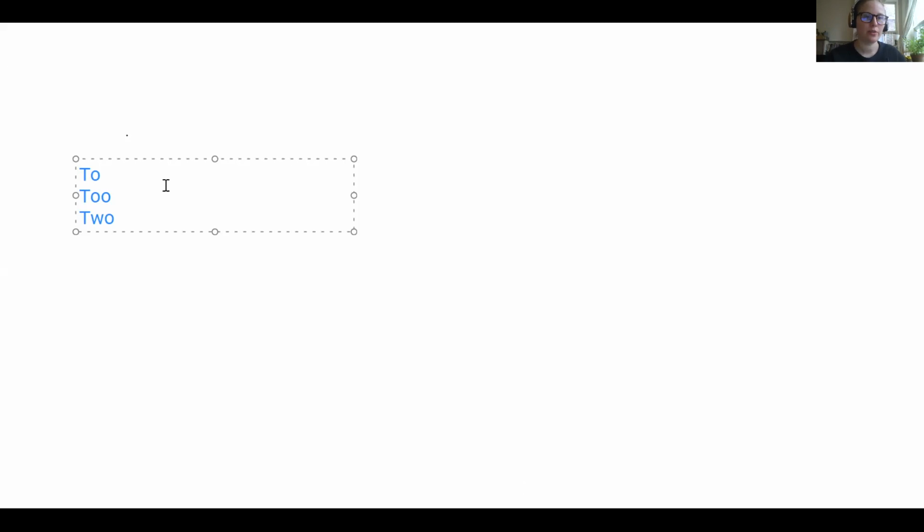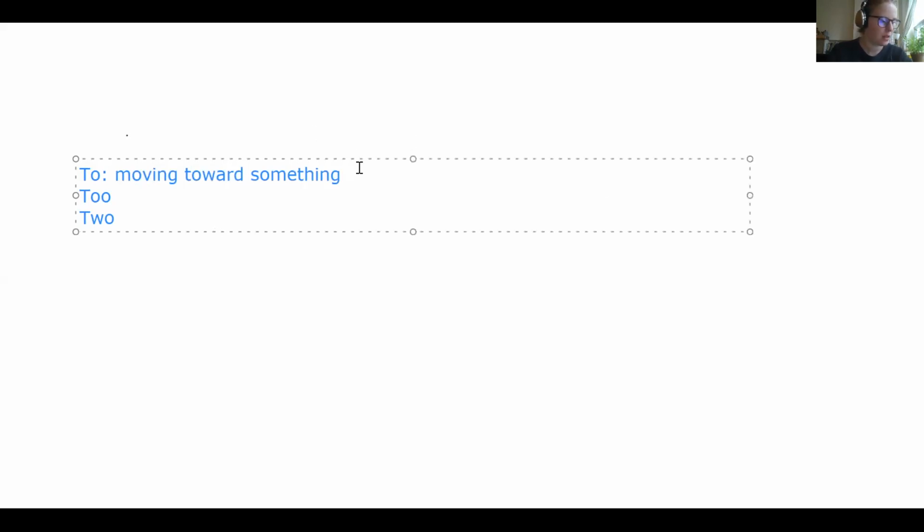But let's go over some definitions really quickly. So when you have TO, it's either used as an adverb or a preposition, but we haven't covered those yet, so I'm going to leave those terms out of it. But usually it's to express moving toward something, or expressing motion.